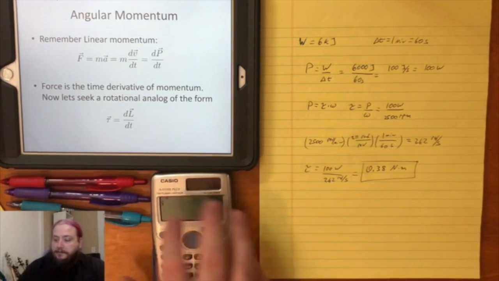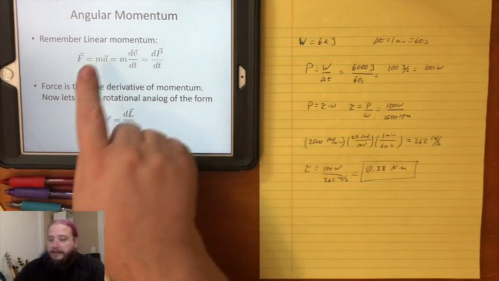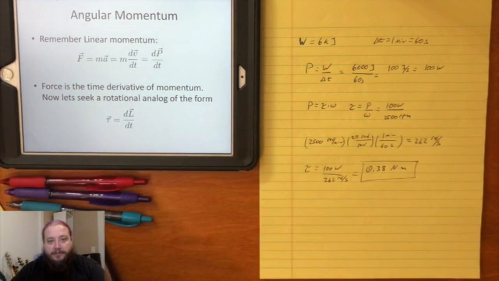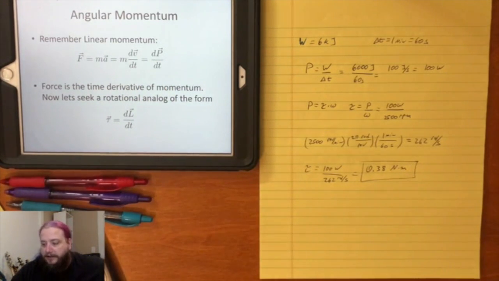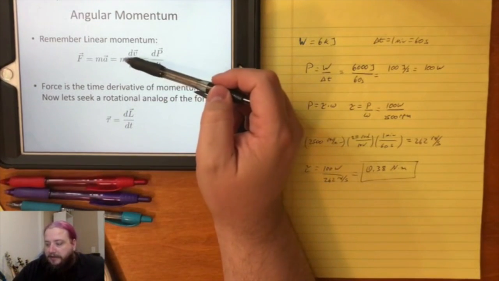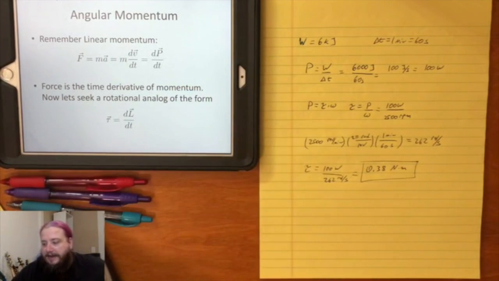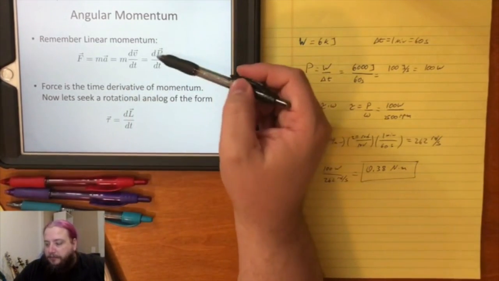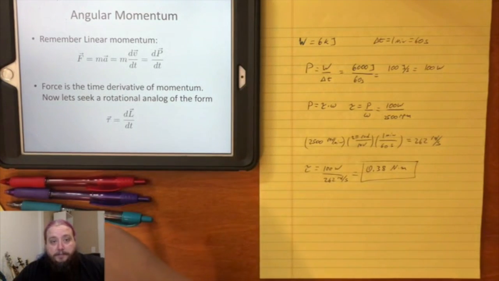Linear momentum, remember, we could get by rewriting Newton's second law, F equals ma, and combining the mass and the velocity into a new quantity, momentum, so that the force is the rate of change of momentum.